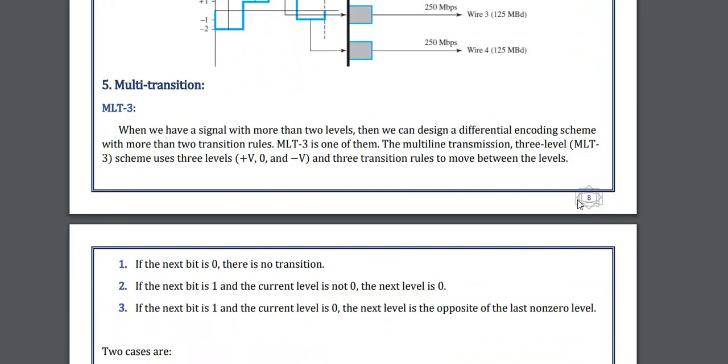Now moving to the next, the multi-transition. In this section we have multi-transition 3, which is denoted MLT-3. When we have a signal with more than 2 levels, then we can design different encoding schemes with more than 2 transition rules. MLT-3 is one of them.